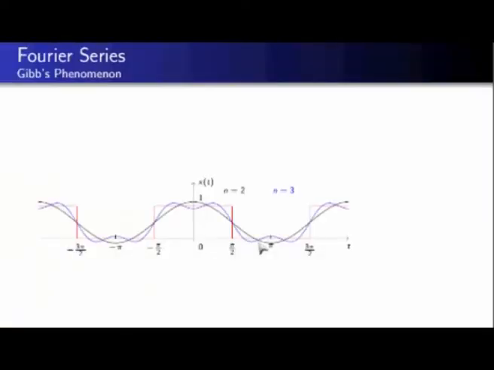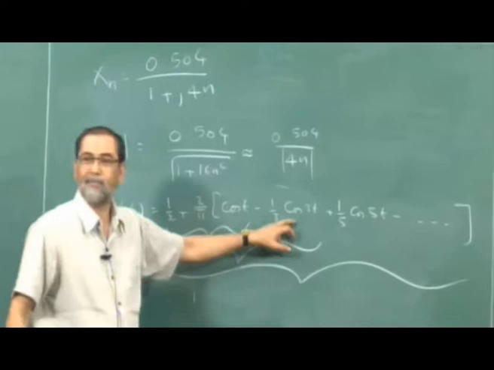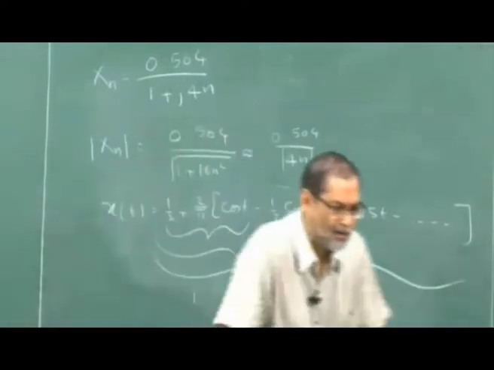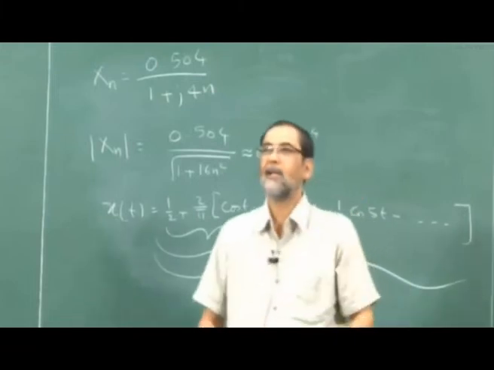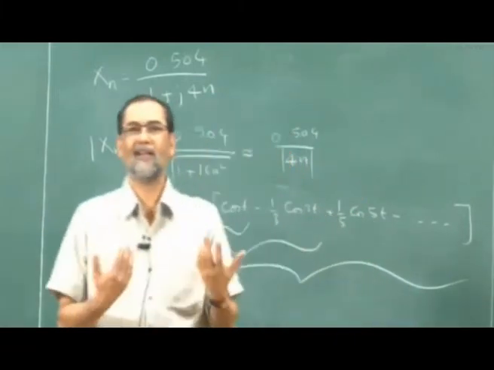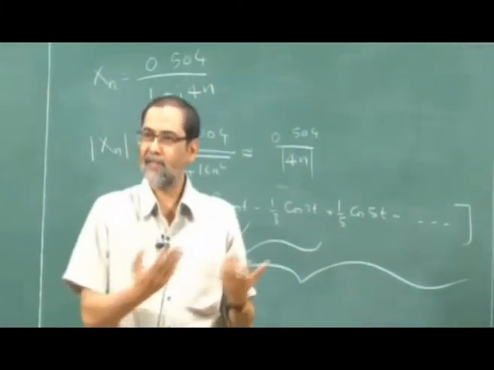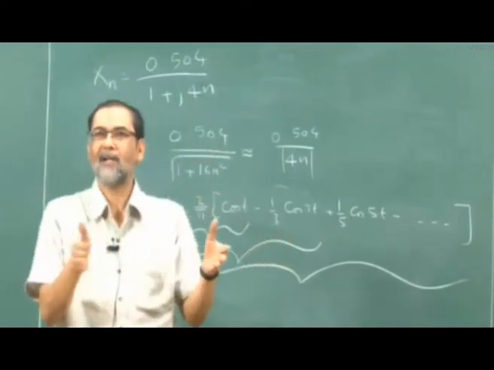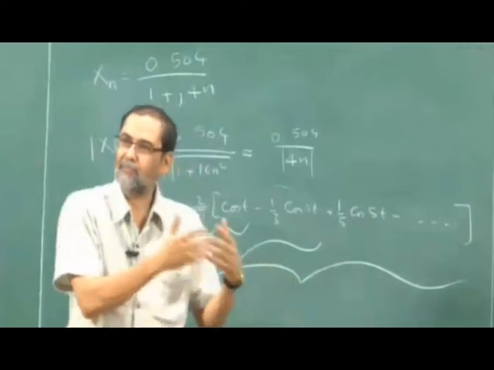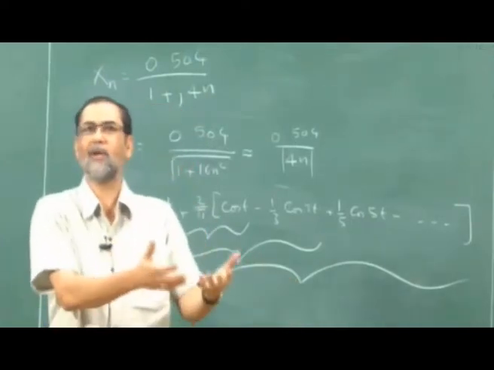Okay. If I now take 3 terms, so one more term, now shown in blue. Look at the blue color. The number of times they meet is more. Just like black and red meet 4 times in one period, red and blue meet more number of times.